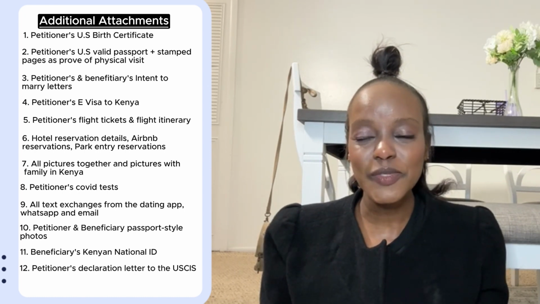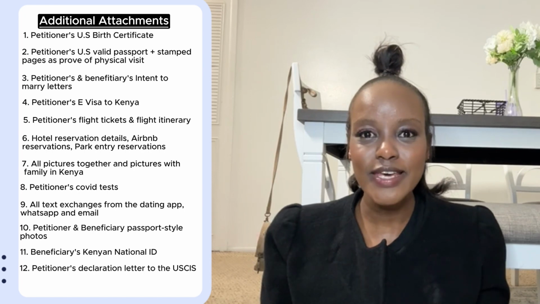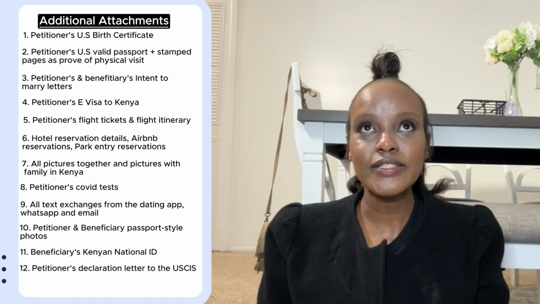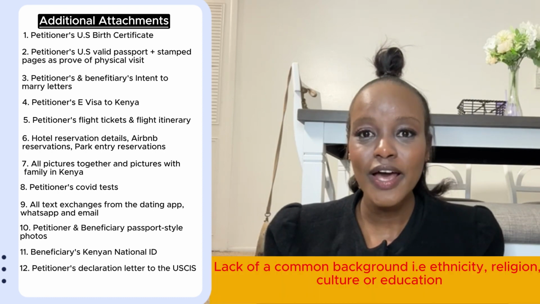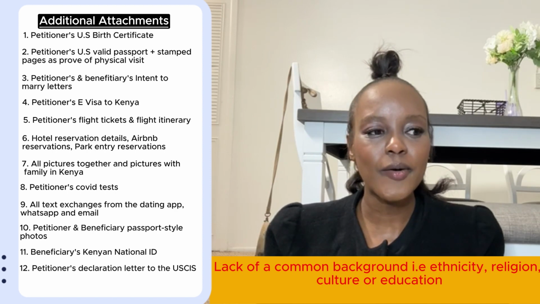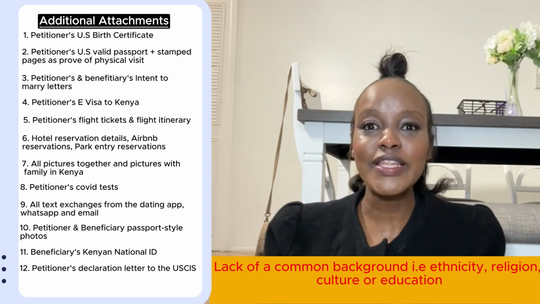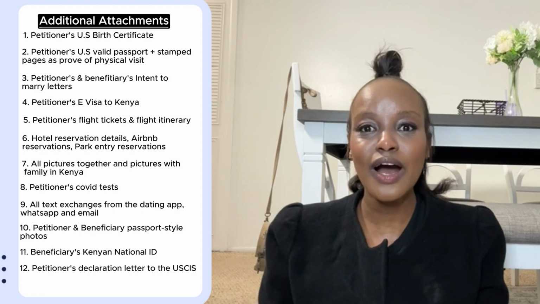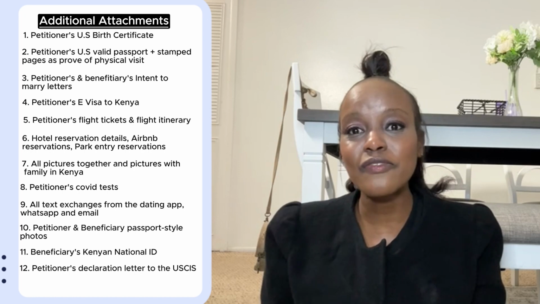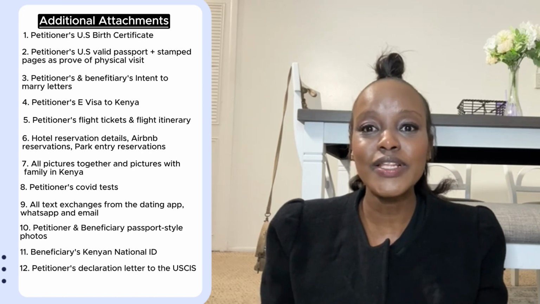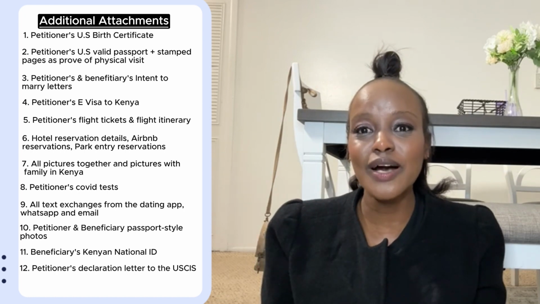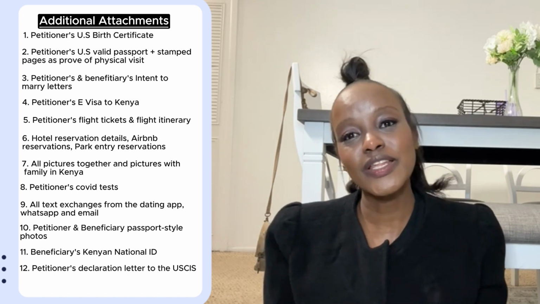Another suspicious thing that will cause a red flag in the application is lack of a common background, or I would say lack of common values. So in this letter, he was able to explain how we were both Christians, we both have the same values, we hold the same opinions when it comes to matters of human rights, when it comes to helping other people in society.